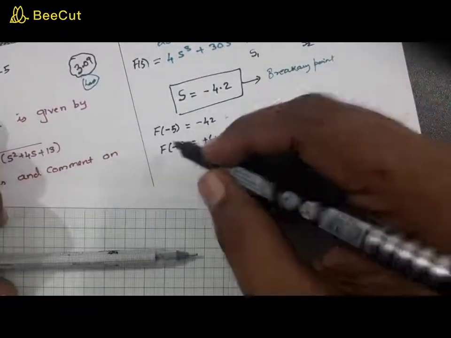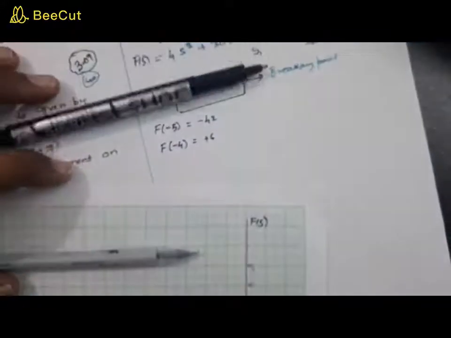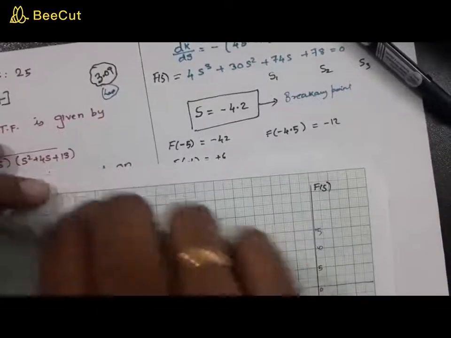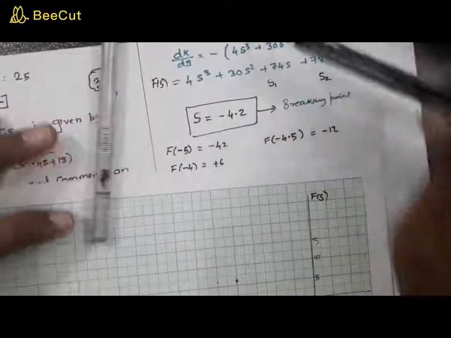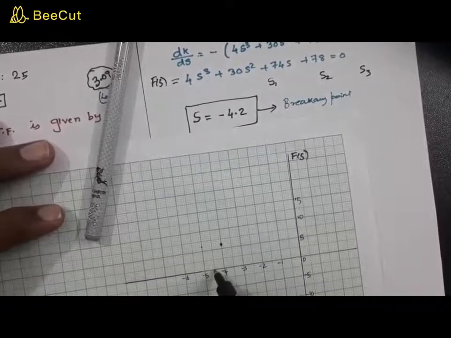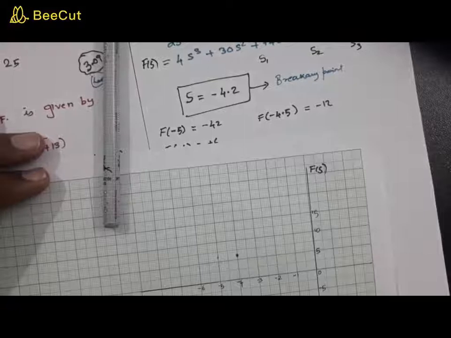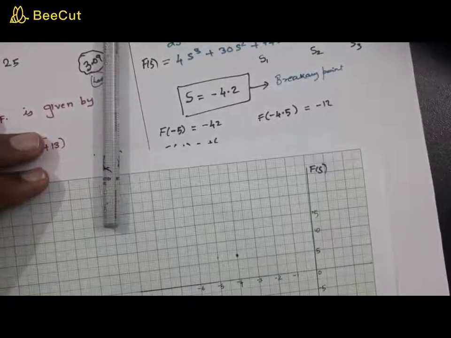I mean, a little closer to -4. So you can see that at f of -4.5, at -4.5 this becomes a negative value. This is 5 each, right?